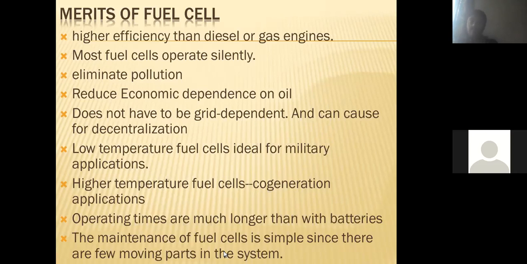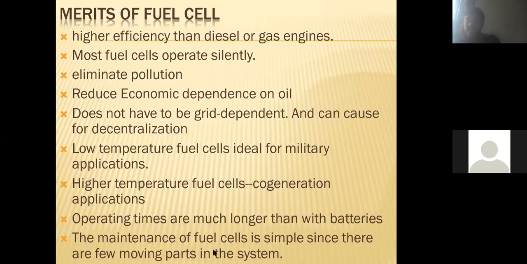That's why this particular fuel cell has many applications and many advantages when compared with diesel engines, your existing batteries or something else. That was the major advantages we have with this, right?